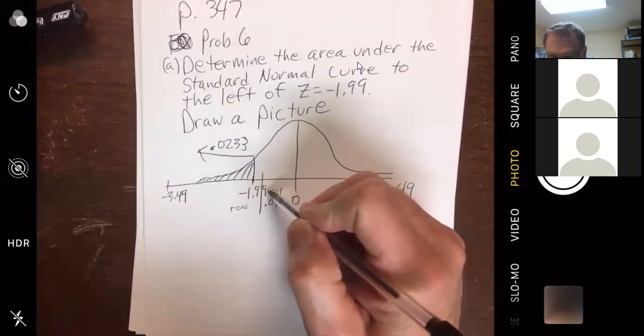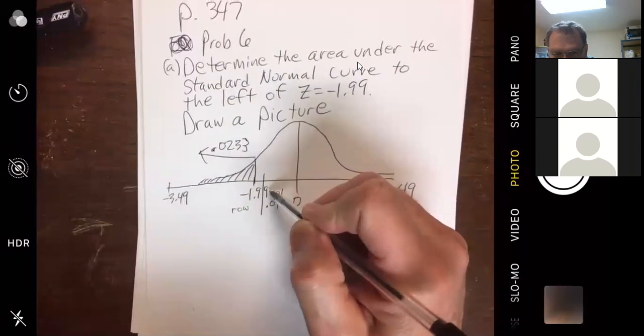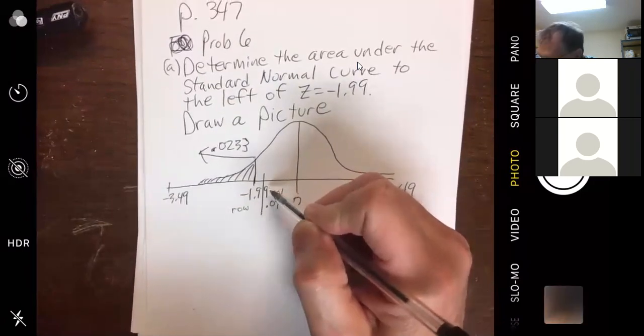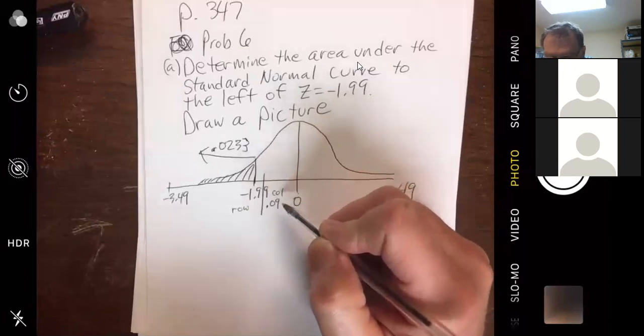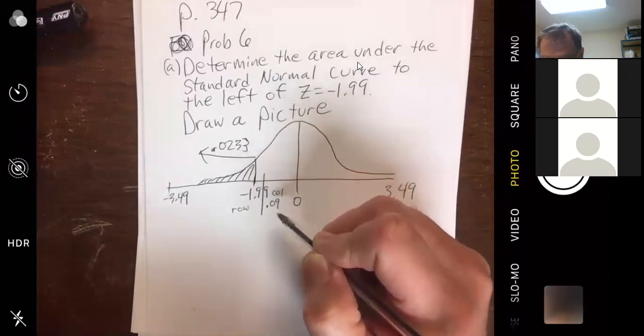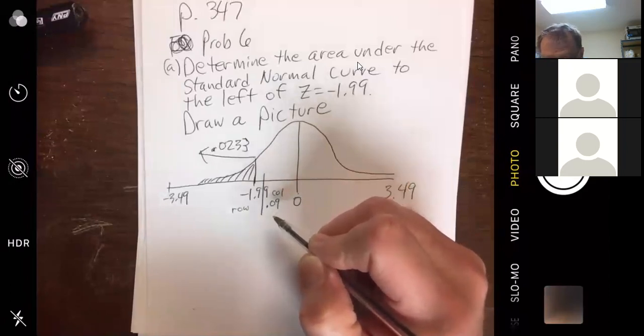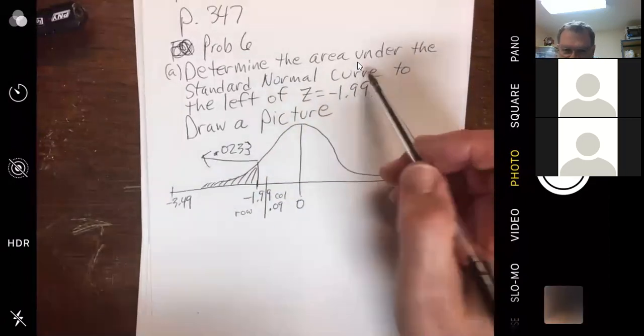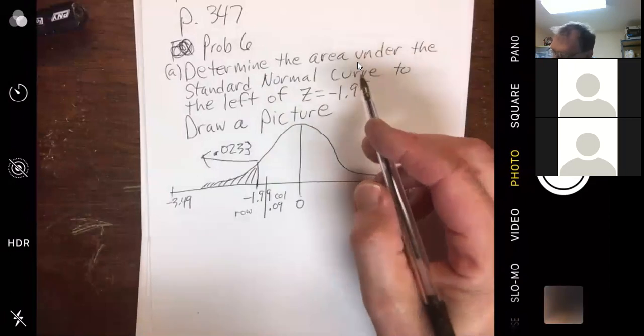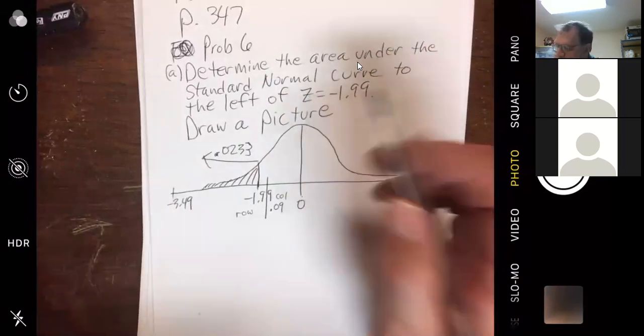Yes, it means 1.99 is the shaded area to the left. Well, that's just what they gave you. That's the problem. But what did the Z mean?